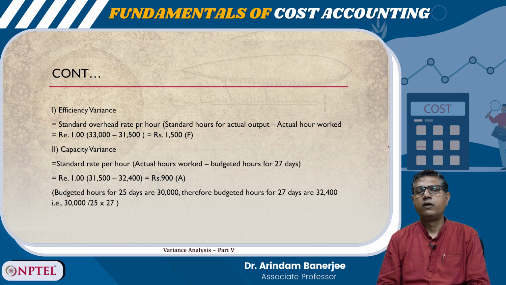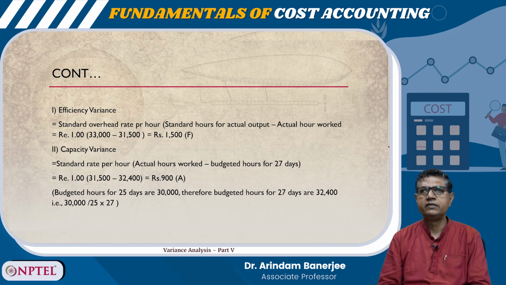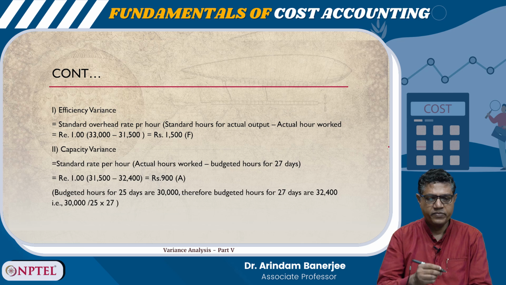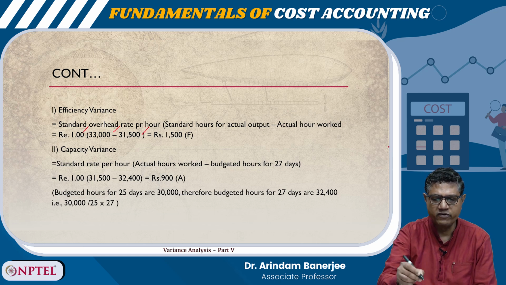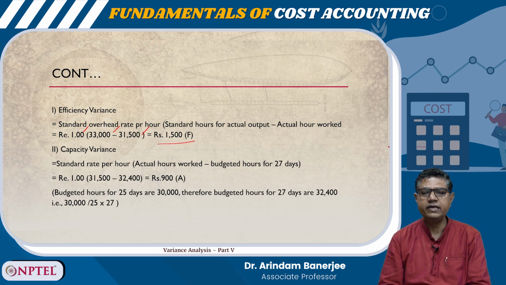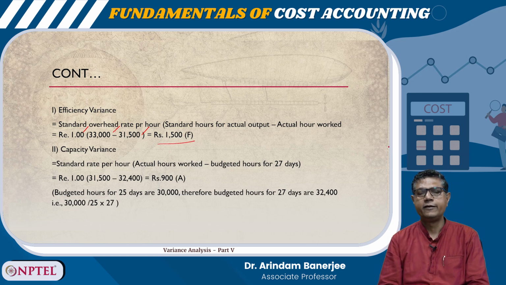Fine. Now, efficiency variance we can calculate like this. Efficiency variance is equal to standard overhead rate per hour into standard hours for actual output minus actual hours worked. So, rupee 1 into 33,000 minus 31,500, so 1,500 favorable, right.